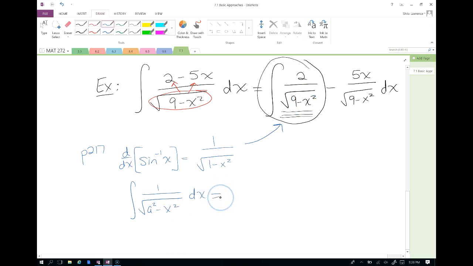And this is going to turn into arcsine because we see that difference of squares in the denominator under that square root. But this formula is going to be a little bit more helpful to help us decide what to do with the a if there's a number in front.